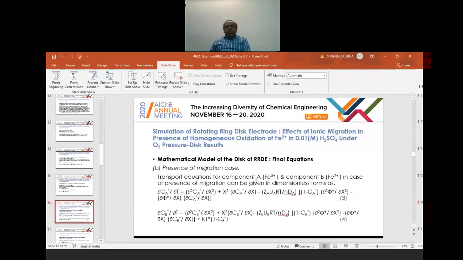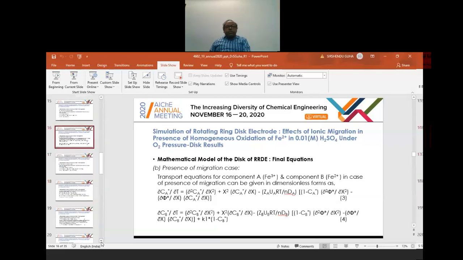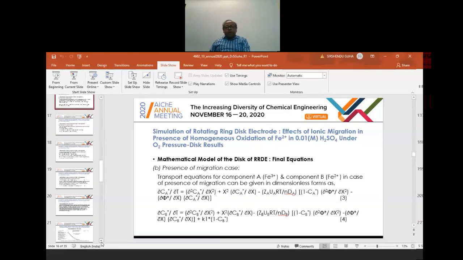Now, the final equations which have been solved in this case are these. So the dynamic concentration profiles can be calculated using these equations. These are big equations, so I am not going to describe the modeling part of it, because it is not possible to describe all these things in this small time.